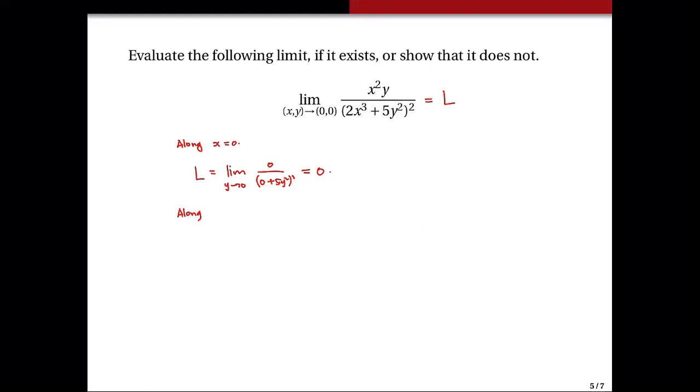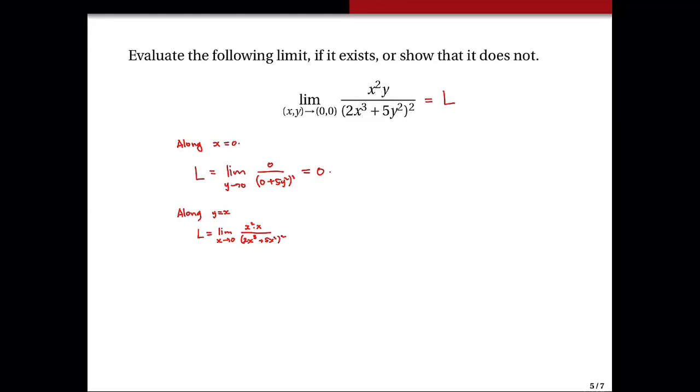Yeah, y equals x maybe. Let us try y equals x. So L equals the limit as x goes to 0, replacing all the y's with x. This will be x squared times x divided by 2x cubed plus 5x squared, all squared.